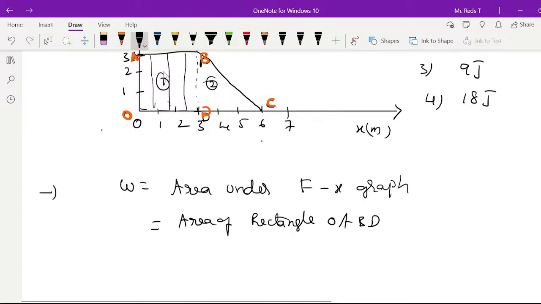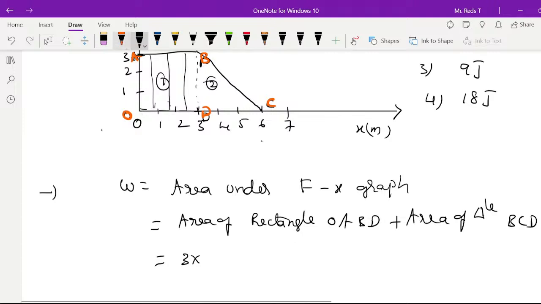Area of a rectangle is length into breadth. Oh, it is a square, not a rectangle, guys.